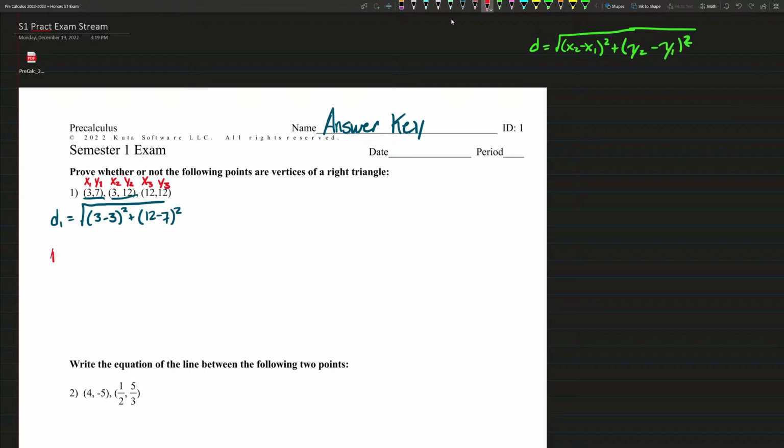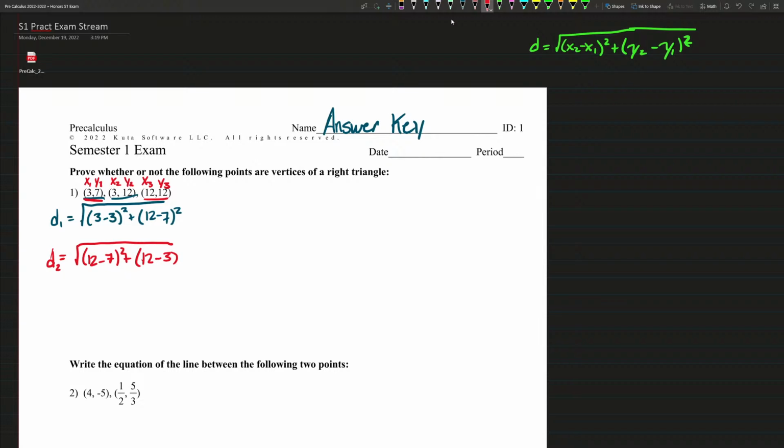The second distance, that's going to be the distance between x1, y1, and x3, y3. So we have the square root. y3 is 12 minus y1, 7. x3 is also 12. x1 is 3.